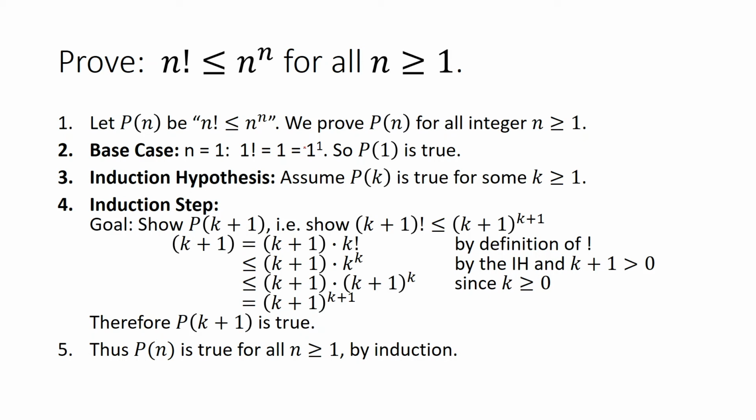We need to prove this. First step, the base case when n is equal to 1: 1 factorial is 1, and 1 to the first is 1. So p of 1 is true. Now let's assume p of k is true for some k greater than or equal to 1. Then we need to show p of k plus 1, that is k plus 1 factorial is less than or equal to k plus 1 to the k plus 1.